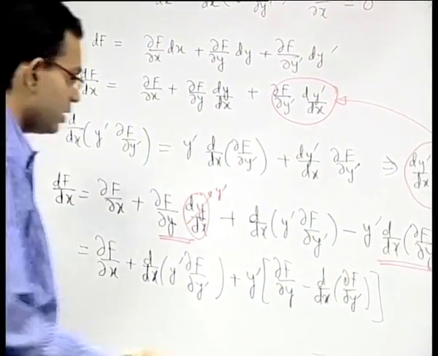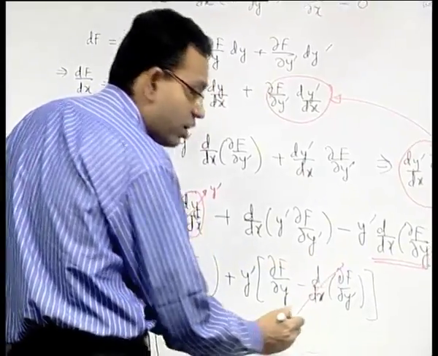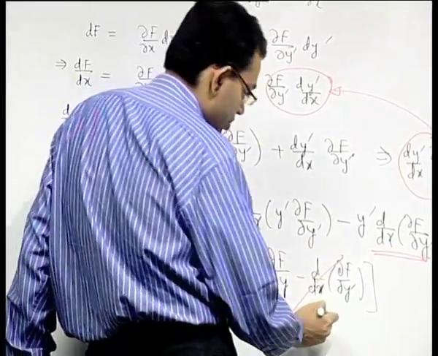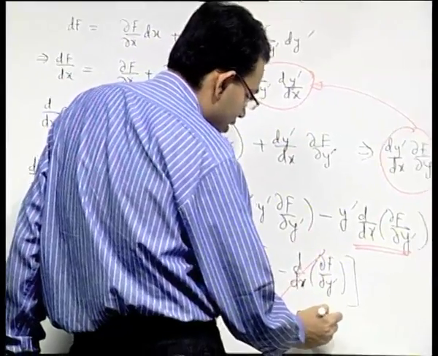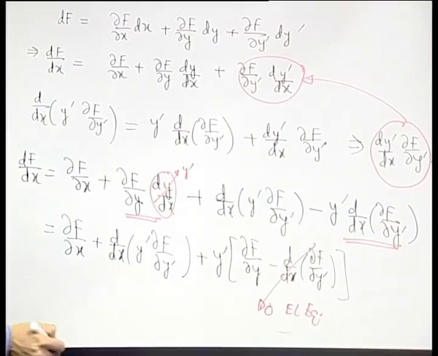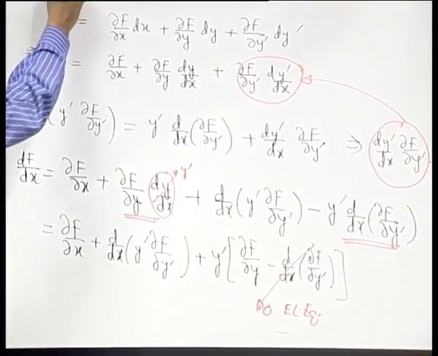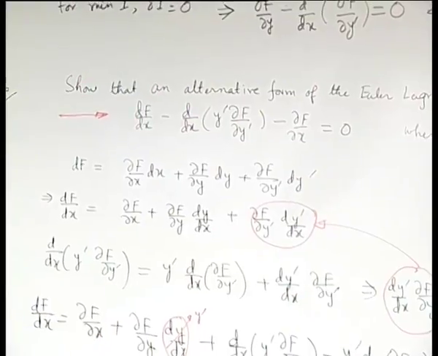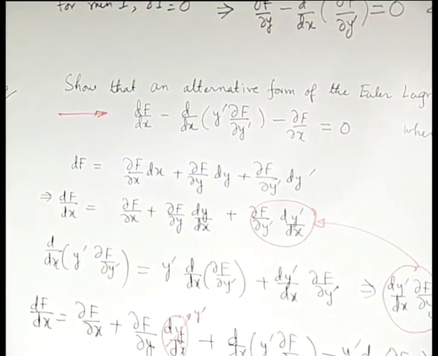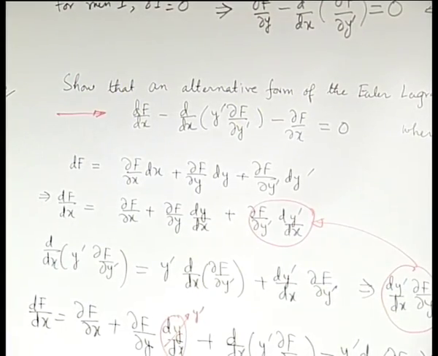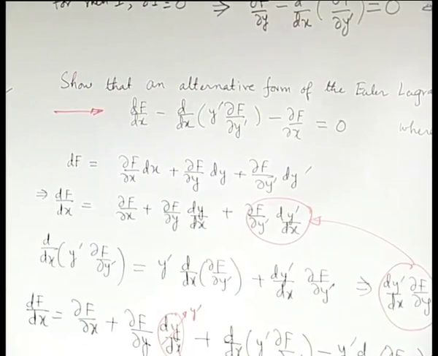The last term in the square bracket is 0 because this is the Euler-Lagrange equation. So, this is the Euler-Lagrange equation that is equal to 0. So, then we are left with the equation that we have to show if you bring all terms to one side, that completes the proof. So, that is the first part of the problem.